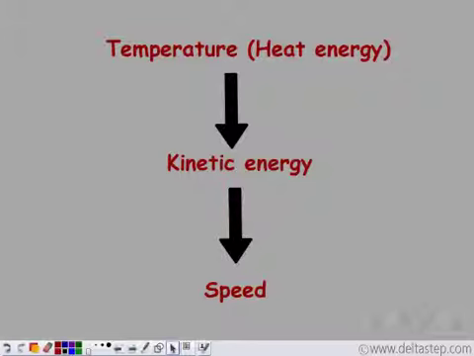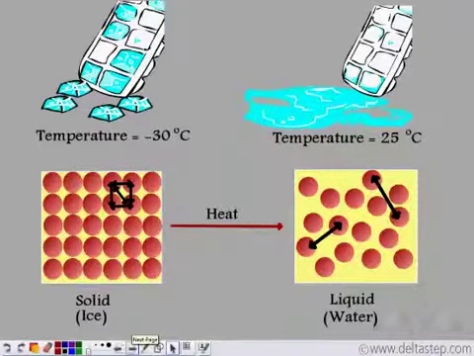Let's see what happens during melting. So we have ice, the solid form, at minus 30 degrees Celsius, and the temperature of water at room temperature is 25 degrees Celsius. So there is an increase of temperature. That is, we are providing heat to the ice. When we provide heat to ice, which is in the solid form, this heat gets converted to kinetic energy. Now, greater the kinetic energy, greater is the speed of the particles.